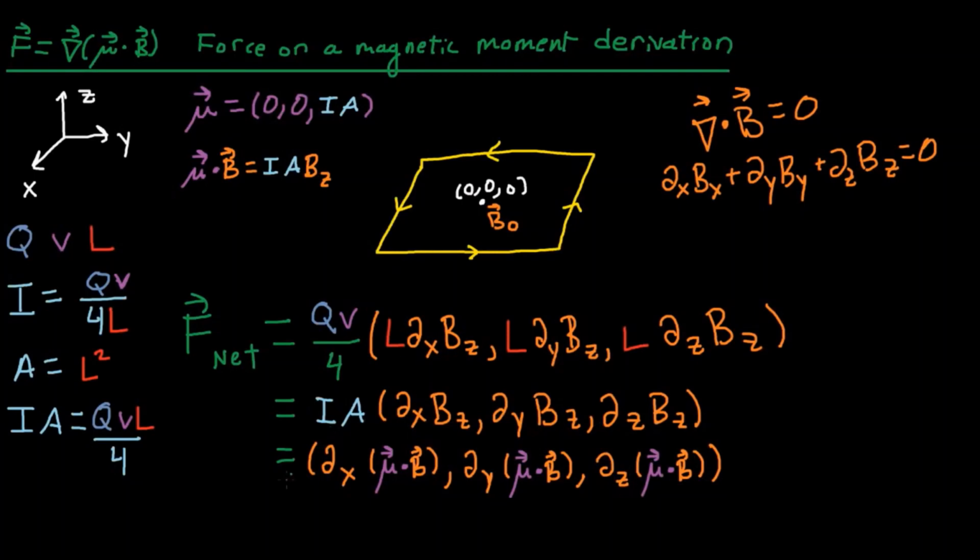So now, finally, for the last step, we can immediately see that this is just equal to the gradient of the function mu dot B. And this is the result that we've been trying to derive this whole time, right?